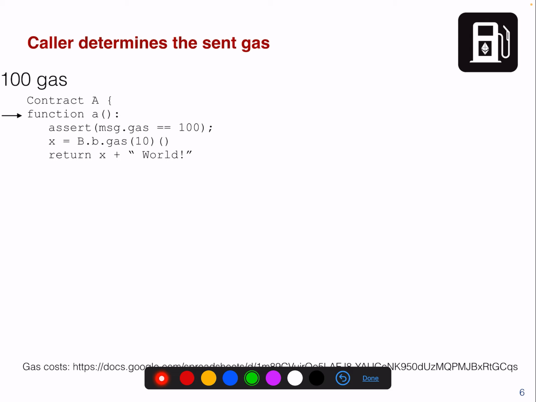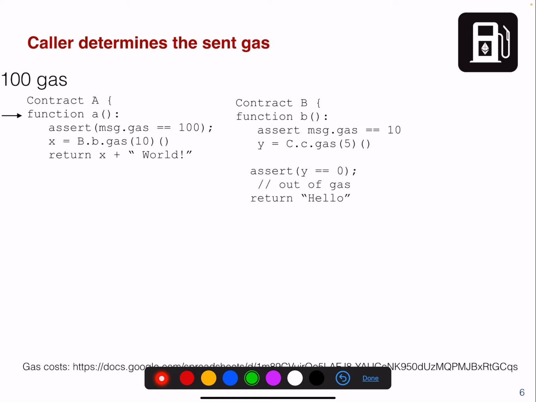Now we're going to call the contract capital B, and in this contract capital B, we're going to call the function small b, and we're going to pass this function small b 10 gas, right? So here now you have the second contract B with the function small b, and we're going to send it 10 gas.